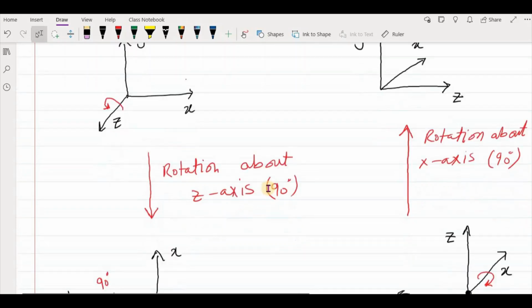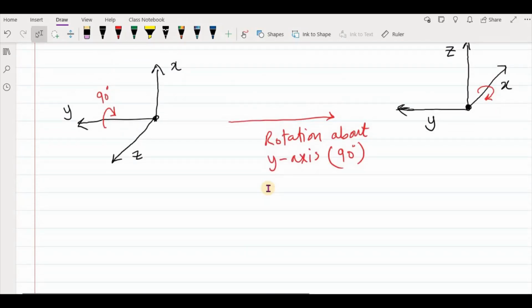These are called Euler angles. So what are Euler angles?